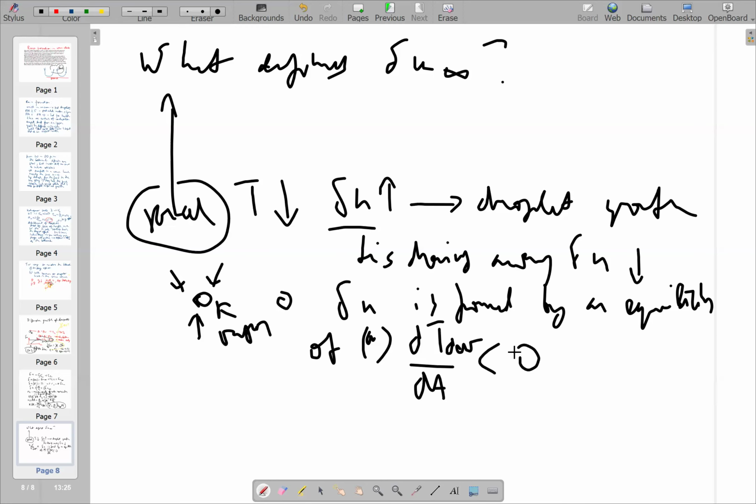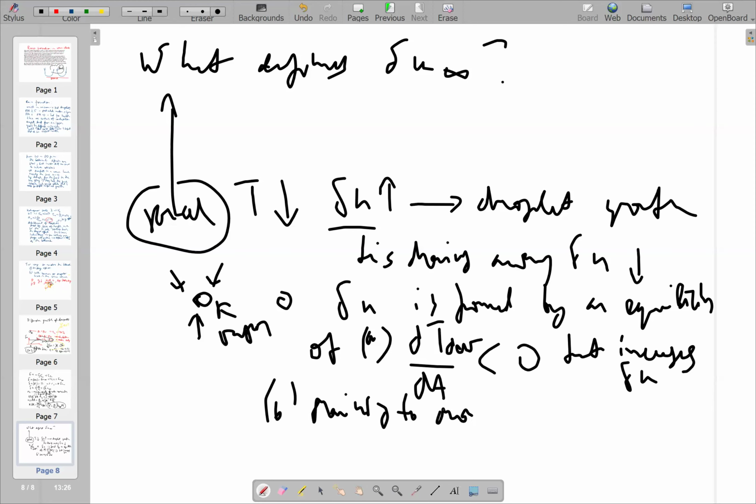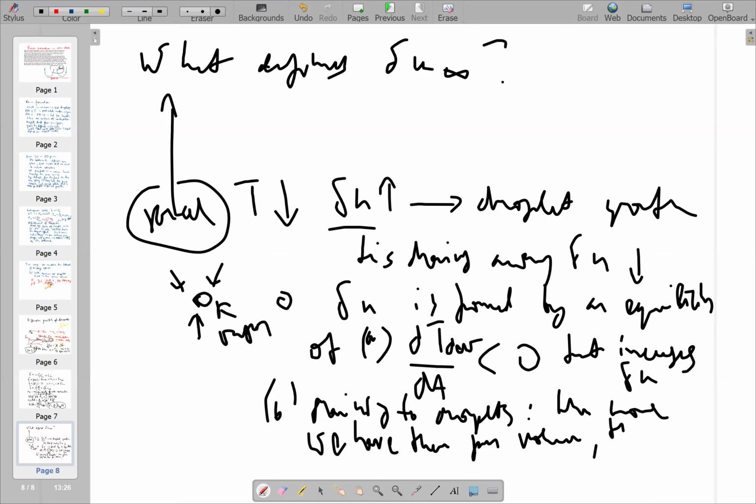If it is negative, this always creates more vapor, which increases dn. And B is draining to droplets. The more droplets we have per volume, the more vapor is drained away.